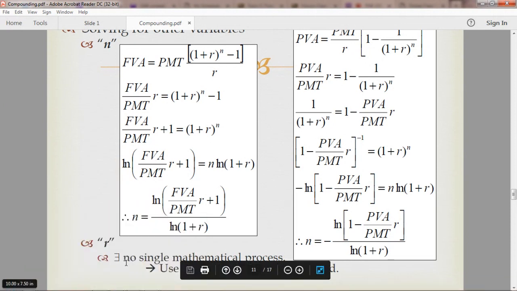Iterative meaning you reiterate the same process over and over with different inputs. So in other words, it's also called a trial and error method. Trial and error is like trying out, guess first. You take a guess and try it out. If it doesn't work, then you try out another number.